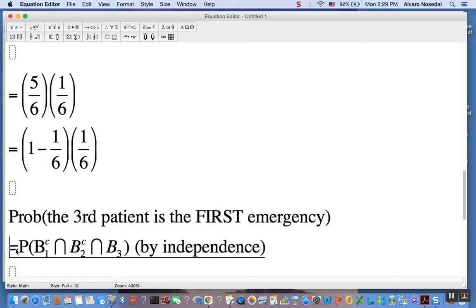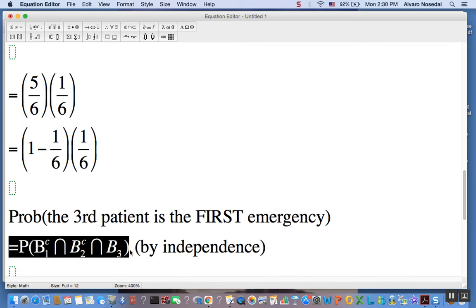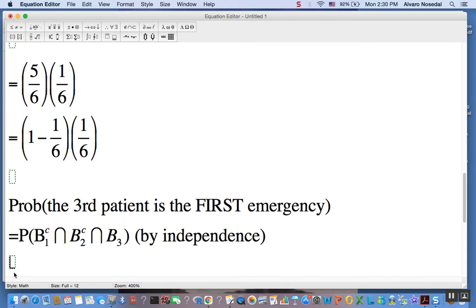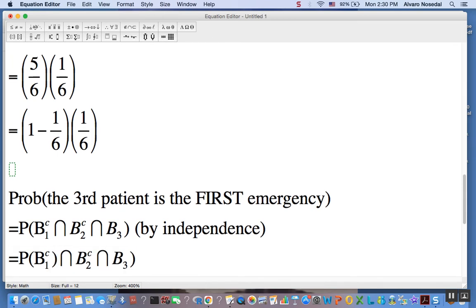And then by independence, the probability of an intersection is the product of those individual probabilities. So let me copy and paste this. This is the probability of B1 complement times probability of B2 complement times probability of B3.